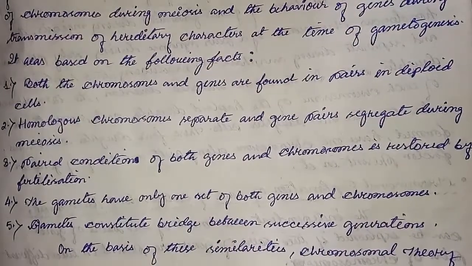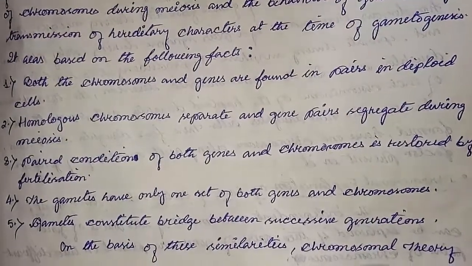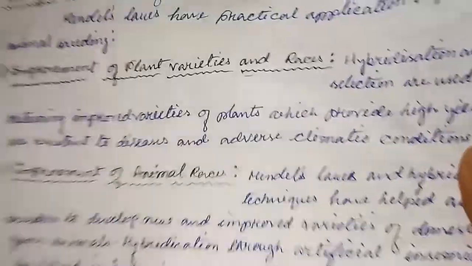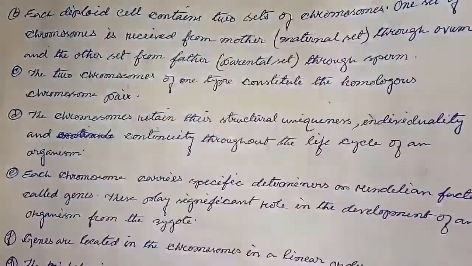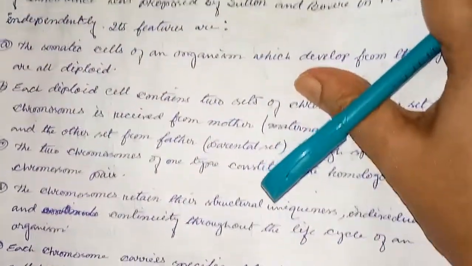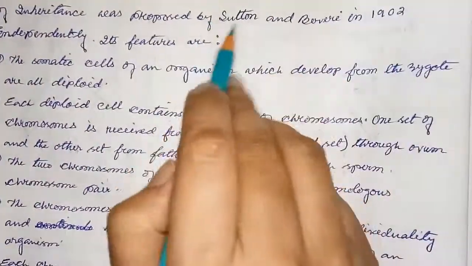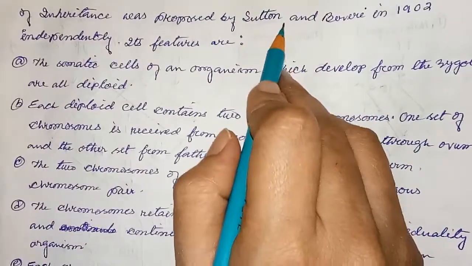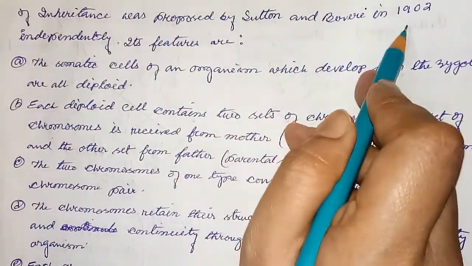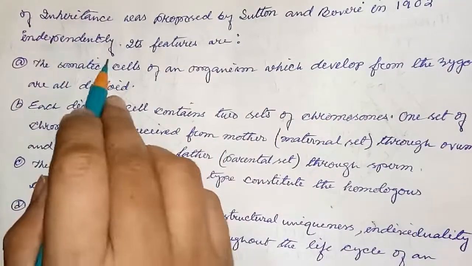Okay, so now on the basis of similarities, the chromosomal theory of inheritance was proposed by Sutton and Boveri in 1902 independently.